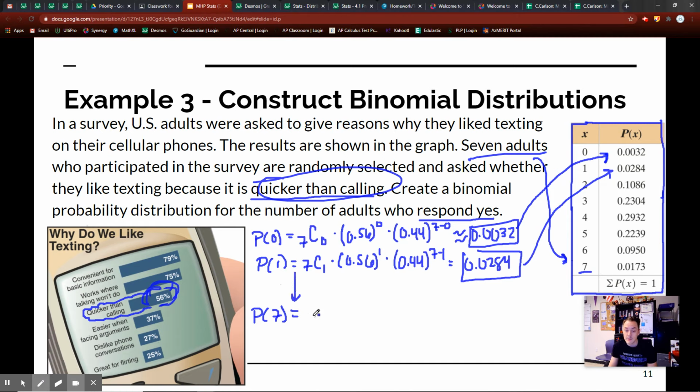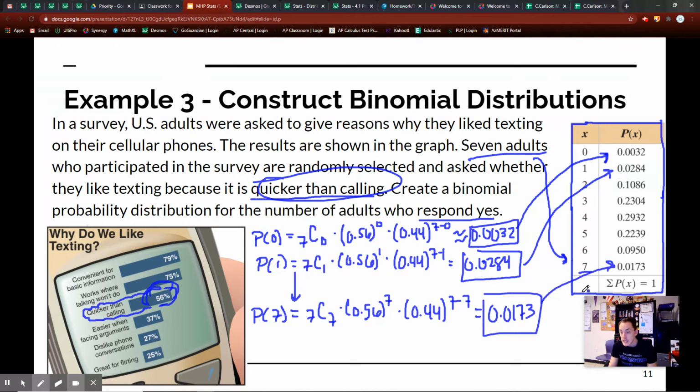So if it continues, probability of 7 is 7C7. And I could plug all this in the calculator, guys. That's how I could get this. So 0.56 to the 7, times 0.44 to the 7 minus 7, and this equals 0.0173.